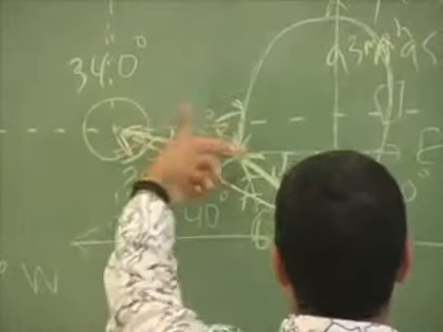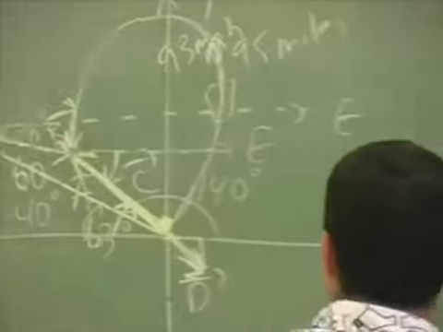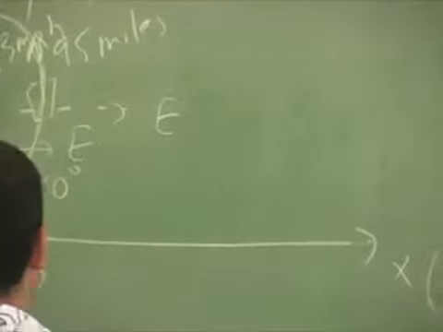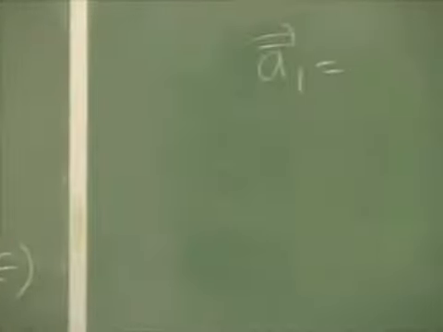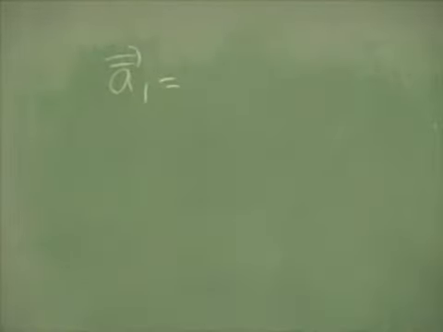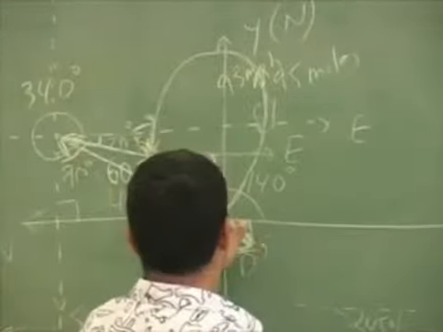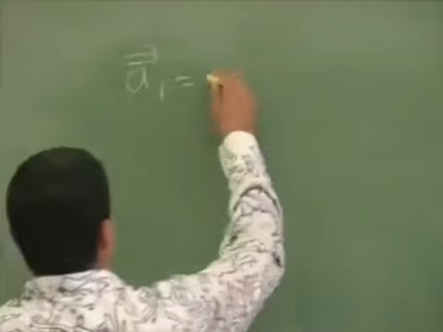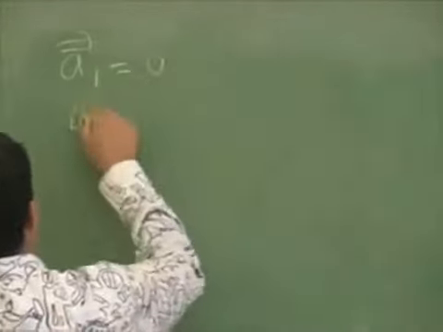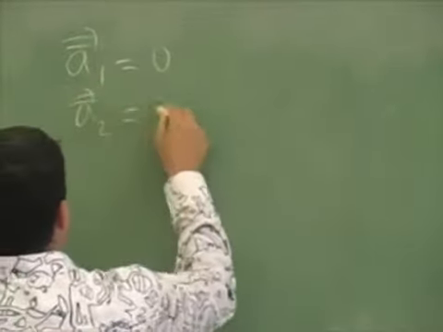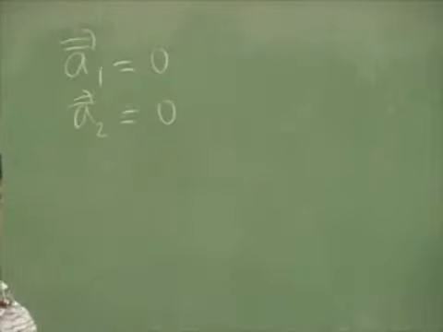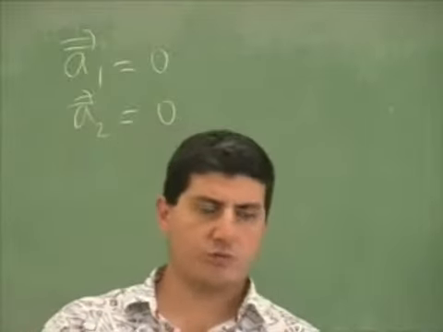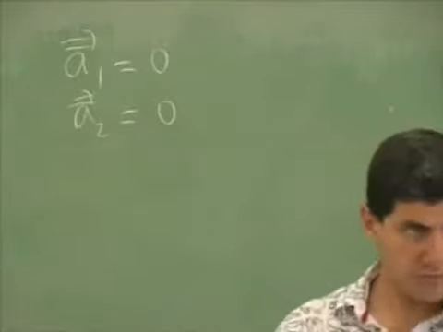It just turns around, then the third path, it goes like that too. So the average acceleration in each stage is going to be 0. The car's going to start with the same velocity, end with the same velocity. So average acceleration in the first stage is going to be 0. Average acceleration in the second stage is going to be 0. So there's going to be no average acceleration in each particular stage.